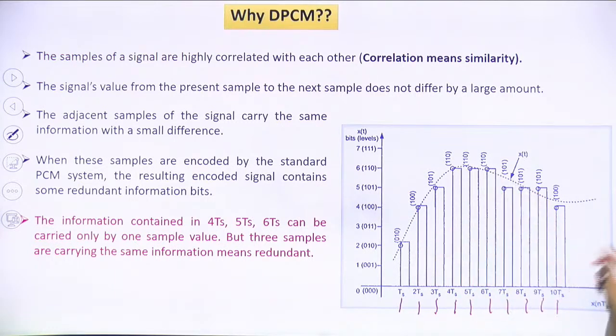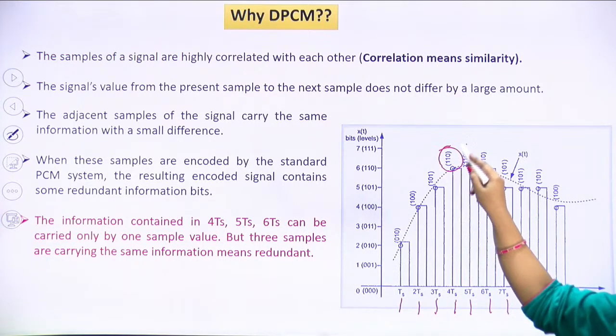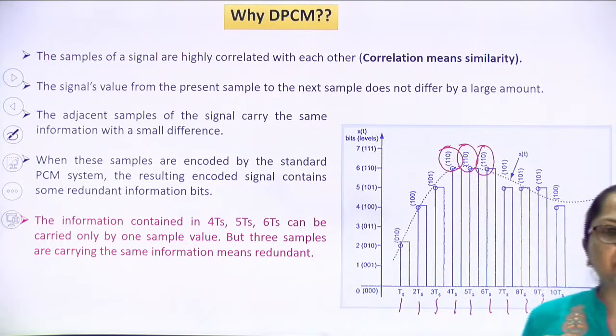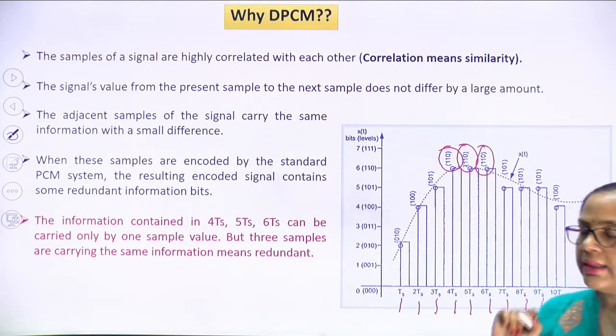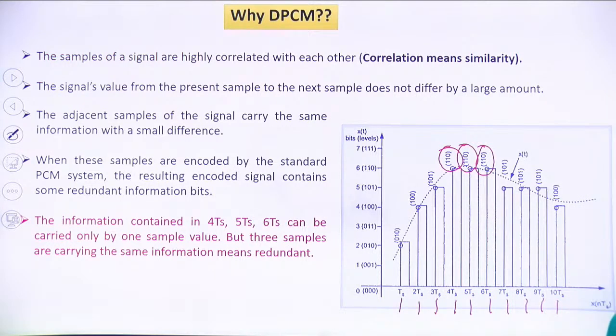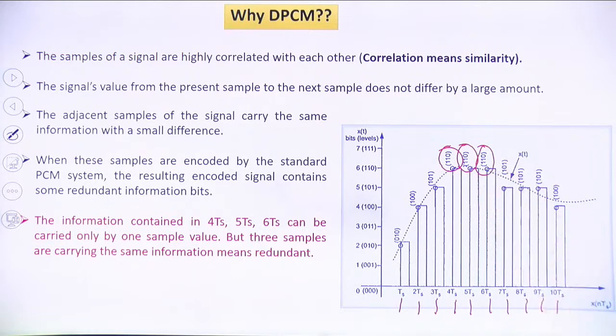In this figure, we can observe that samples 4, 5 and 6, all three, are carrying the same information. In the PCM process, we will transmit all three individually: 110, 110 and 110.